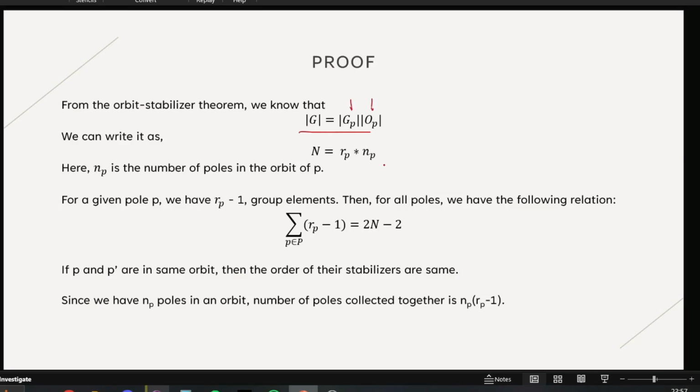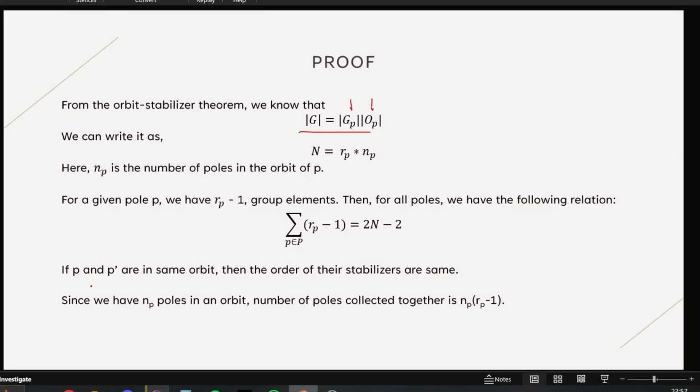So if we have one pole, it can travel to multiple other poles. All the poles it can travel to are considered the equivalence class of that pole. If we take one given pole P, then it will have Rp minus 1 group elements, where Rp is the order of the stabilizer minus the identity.